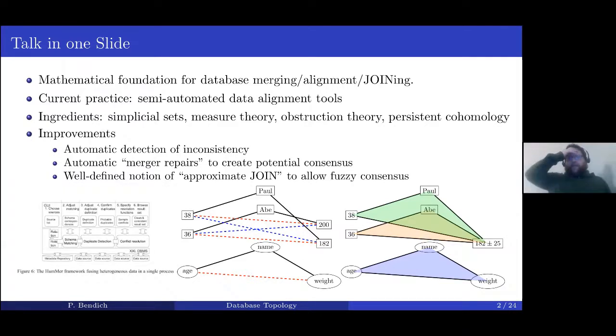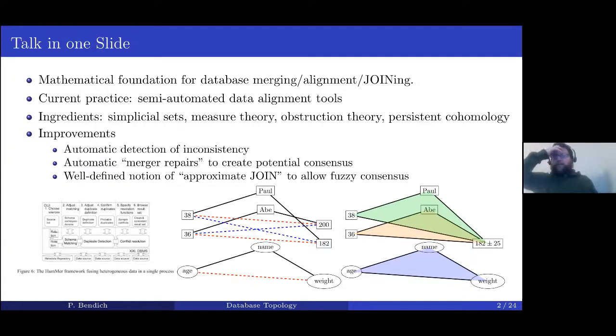We build a theory using a lot of fancy mathematics. And again, for these sorts of DARPA projects, the fancy mathematics is fine, but is it useful? The fancy mathematics involves simplicial sets, which I'll confess I knew very little about when we started the project about two years ago; measure theory; obstruction theory, à la Steenrod, how do you find obstructions to sections; and persistent cohomology.